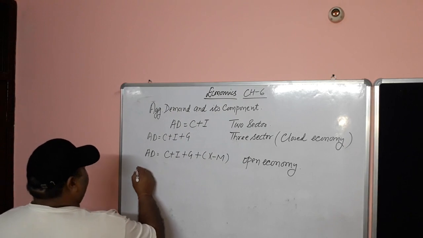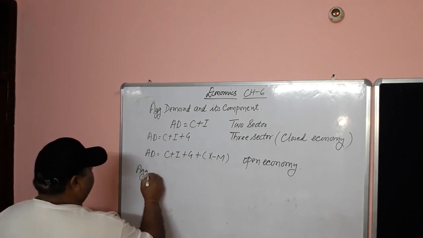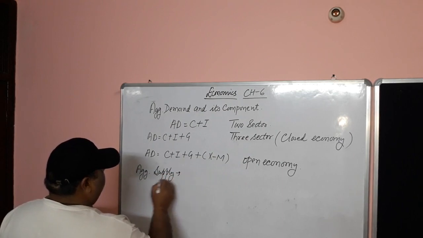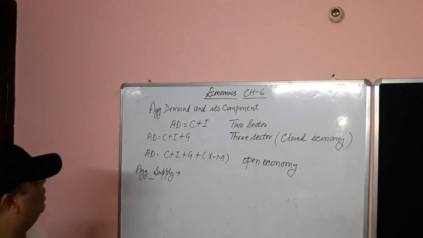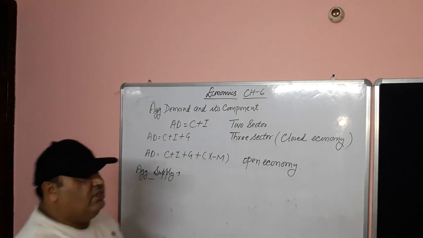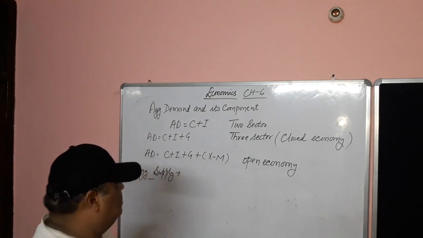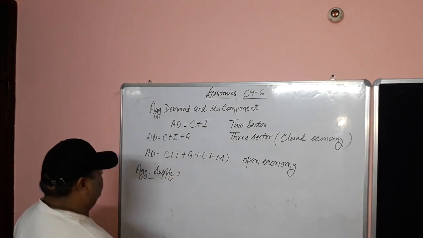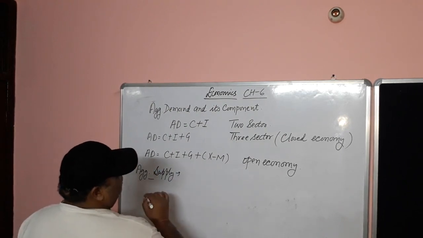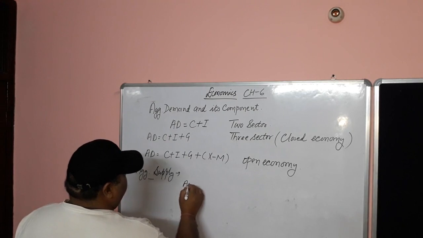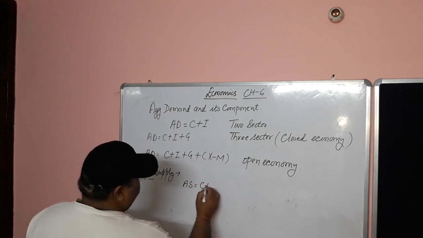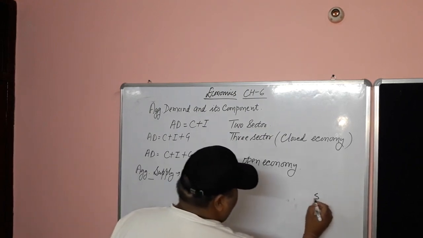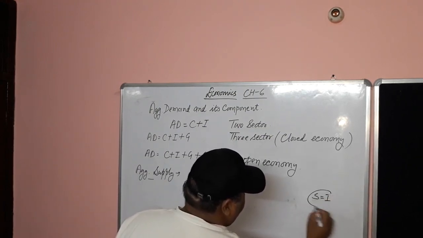And second, what is the aggregate supply? Supply within one given year, one financial year. The financial year starts from 1st April to 31st March. The aggregate supply in a 2 sector economy is the addition of consumption and saving, because saving is always equal to investment.